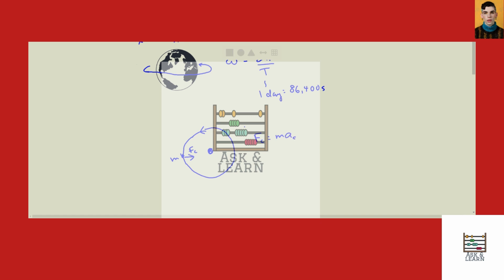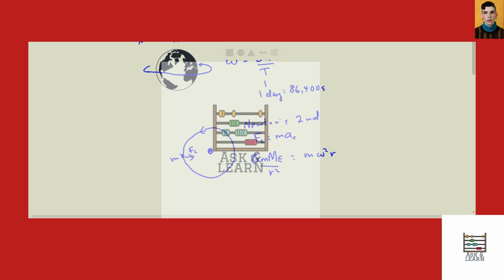This is Newton's second law. But here we're really talking about the force of gravity. So that's big G times the mass of the orbiting object times the mass of the Earth over the distance squared is equal to m omega squared times r.